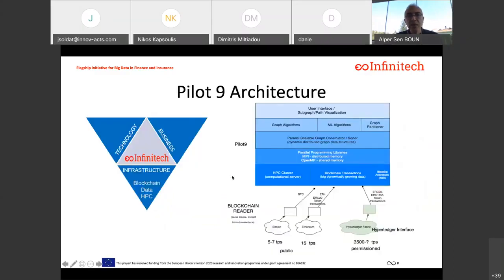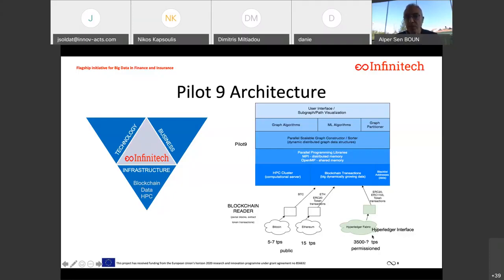So in our pilot, we have a layered architecture, as you can see over here. I'm not going to go into the details of it, but essentially we have a way of working with the public Ethereum blockchain data. We can take in ERC20 token transactions, and we have a way of handling Bitcoin transactions.